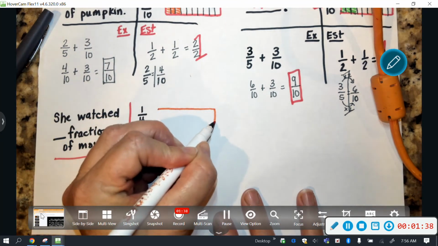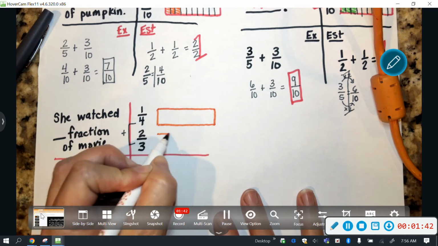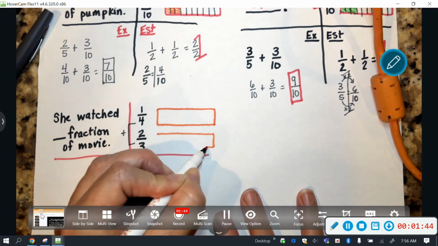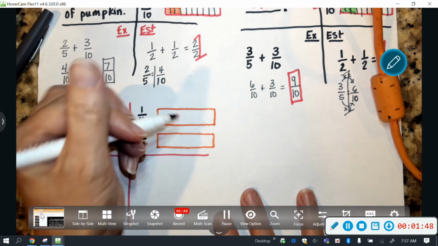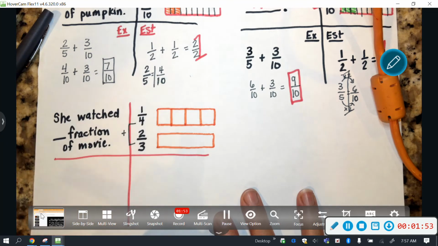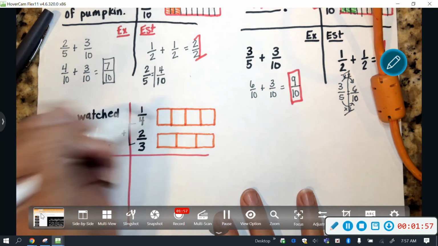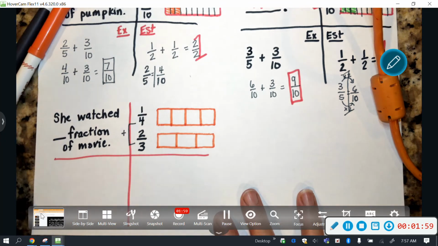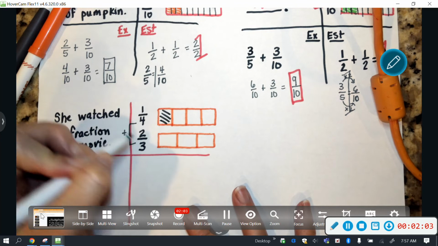Remember, making 2 unit bars equal in size makes it easier for putting them together and renaming purposes. I'm going to cut this first one into 4 equal pieces. And I'm going to cut my next one into 3 equal pieces. I need to shade in 1/4 to represent 1/4 and 2/3.